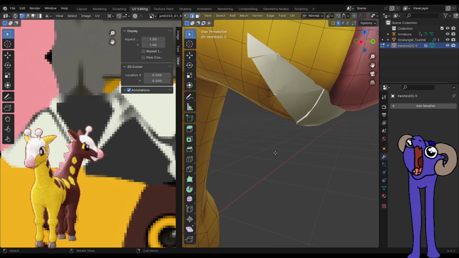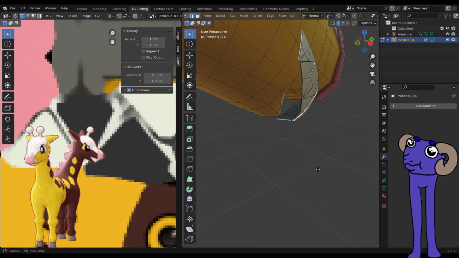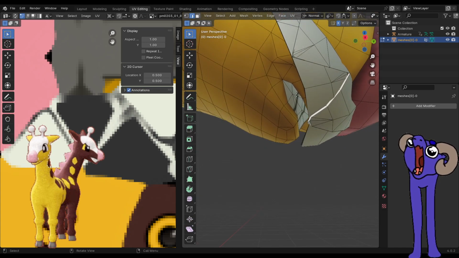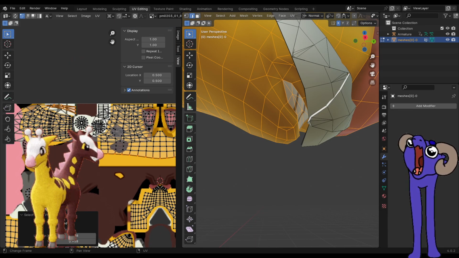Yeah, at this point I think we join these together and we just start trying to merge these jaws. So unfortunately that means we're going to have to get rid of the teeth that we already made.